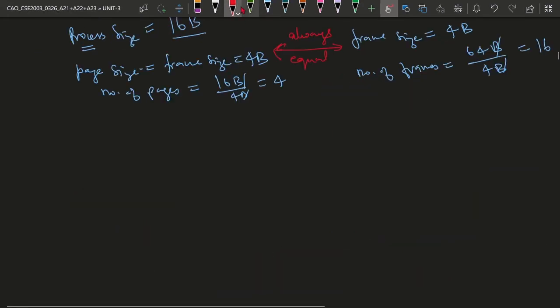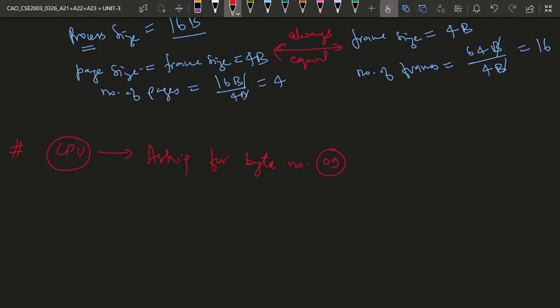Next we will consider, suppose a CPU is there, and suppose the CPU is asking for byte number 9.